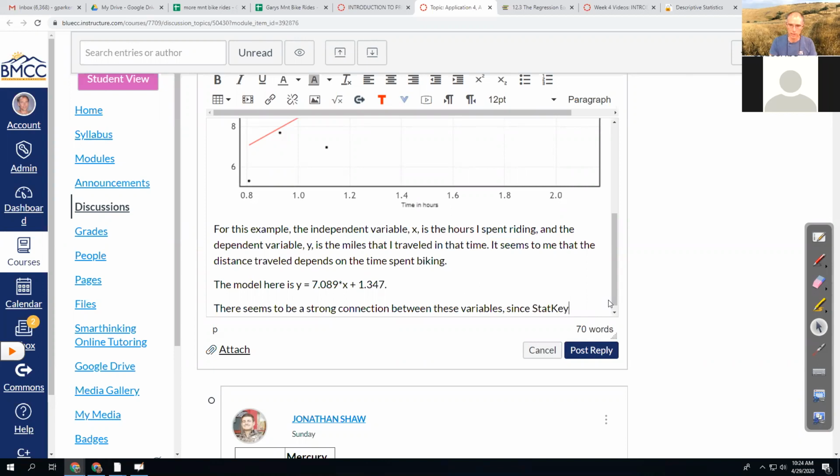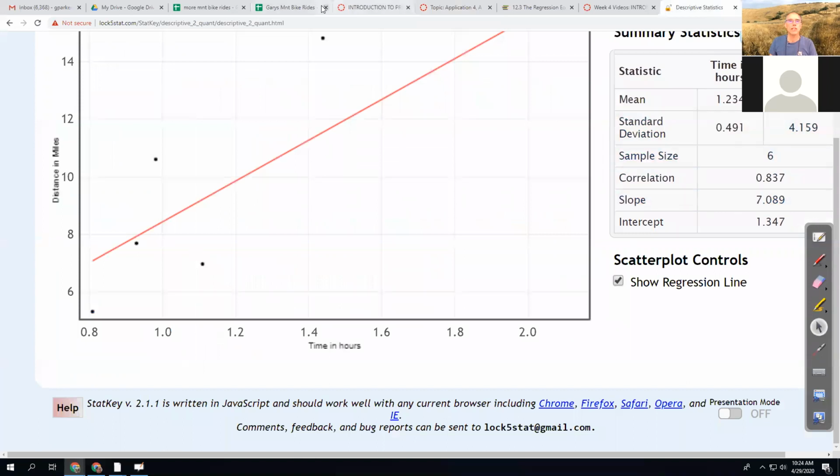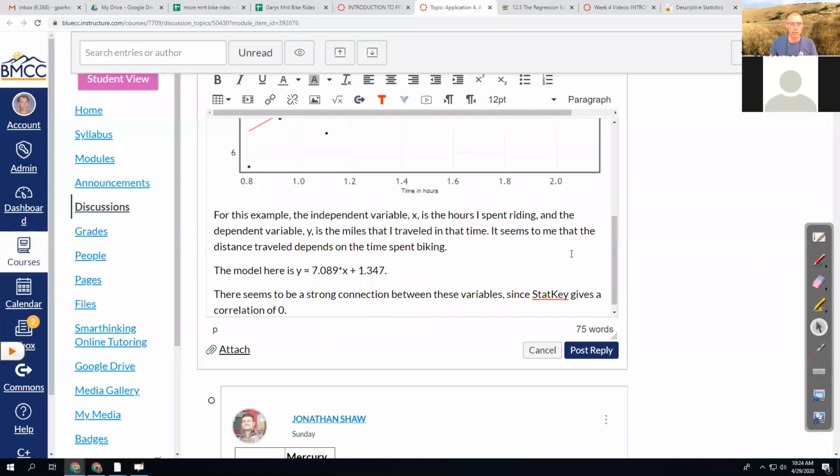That key gives a, I'm going to use a big word again, correlation of 0.837, which is close to 1.